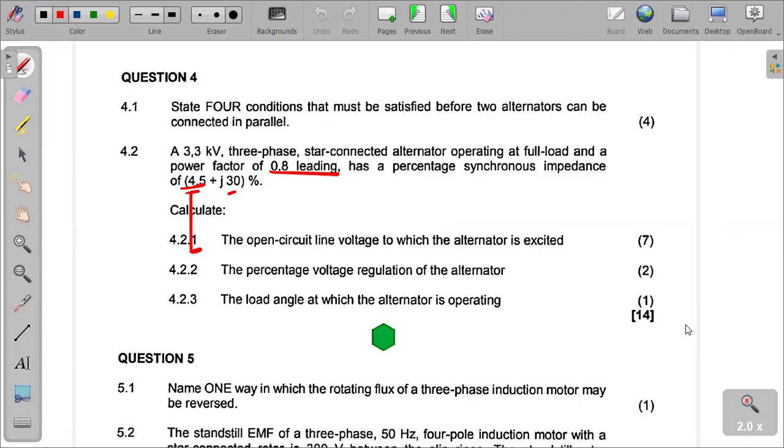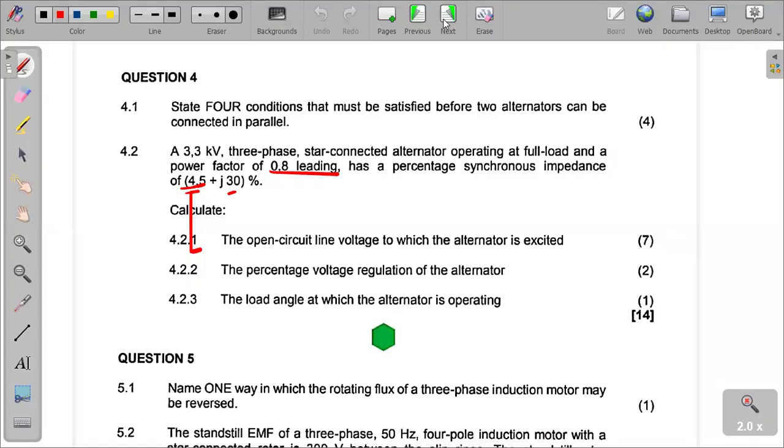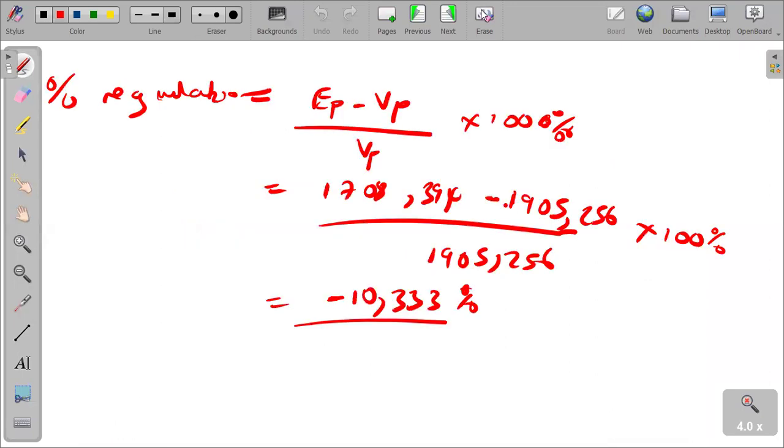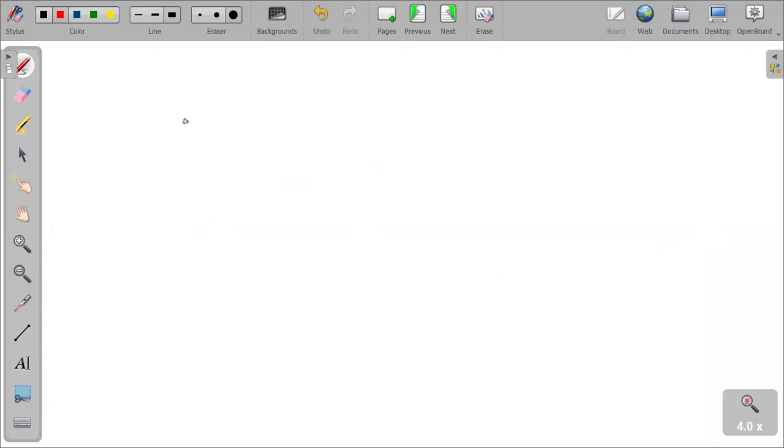So how do we calculate the load angle? I'm going to answer this question using the vector diagram. This is what we have. We have our IP here, and we have our VP at this point, and then we have our EP.